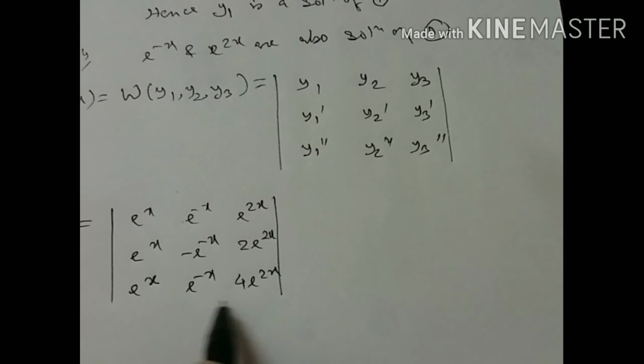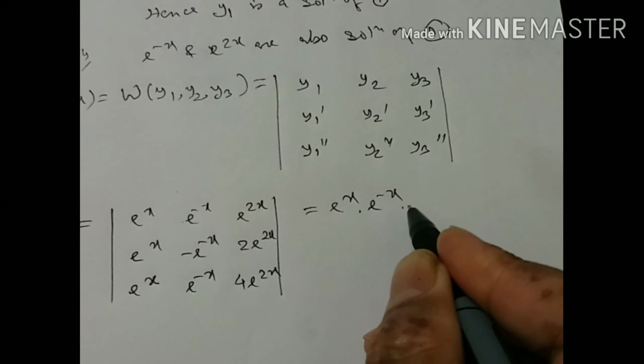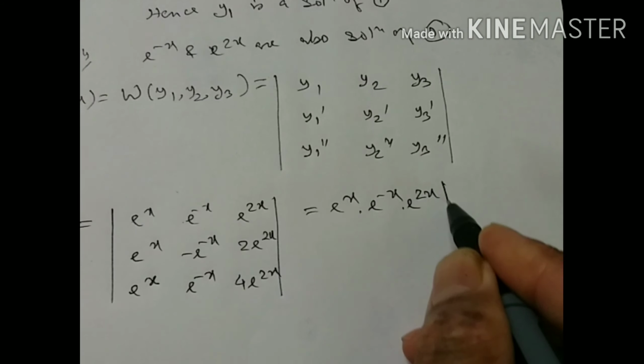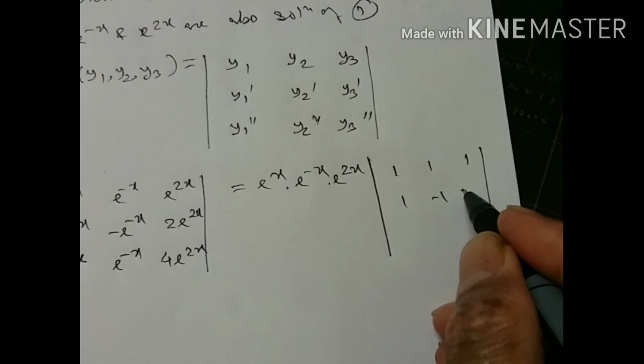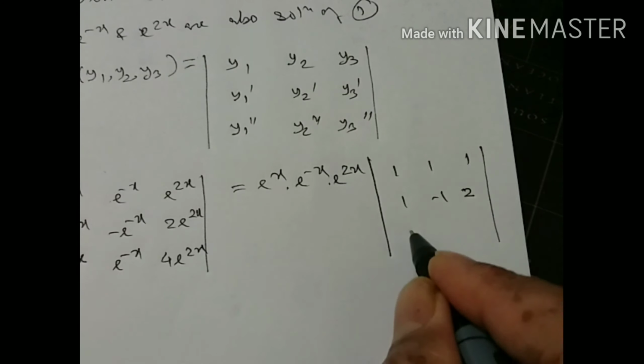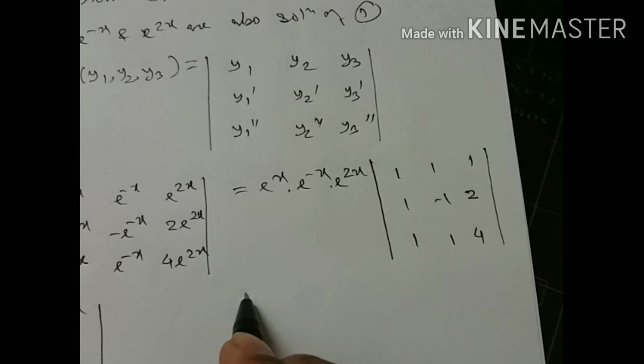So we have to find the value of this determinant. We take common e to the power x, e to the power minus x and e to the power twice x from each column. So this becomes 1, 1, 1; 1, minus 1, 2; again 1, 1, 4. Now the common factor gives e to the power twice x, and now we use elementary transformations.